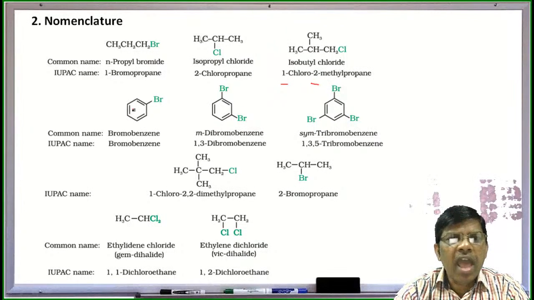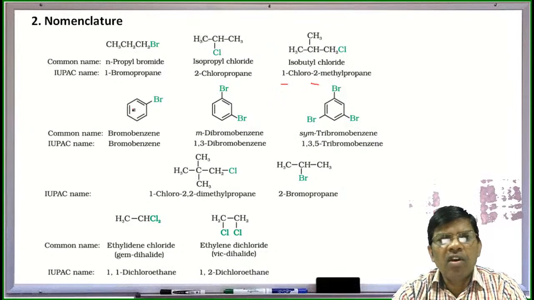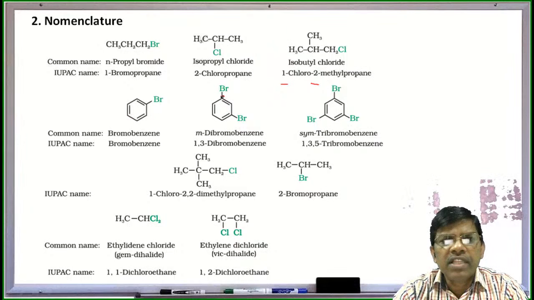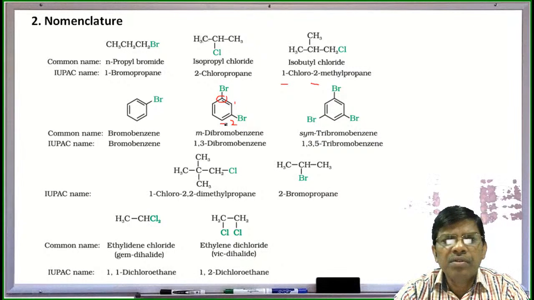When it comes to halogen compounds, in haloarenes, the carbon bearing the halogen is position 1, then you can use 1, 2, 3, 4, 5 and 6, right?